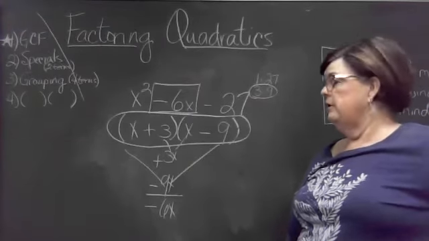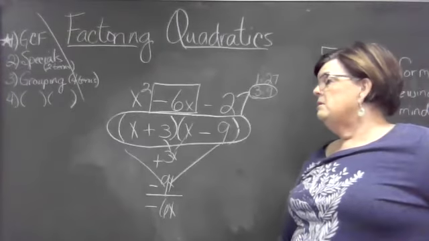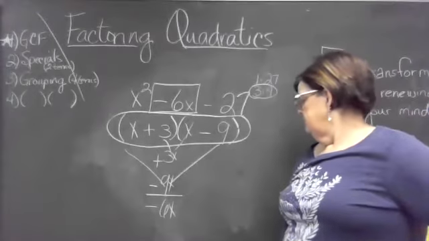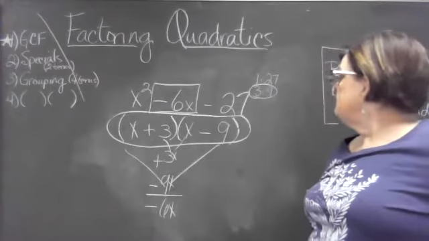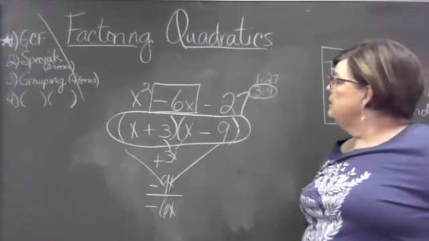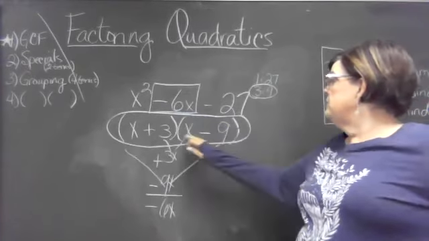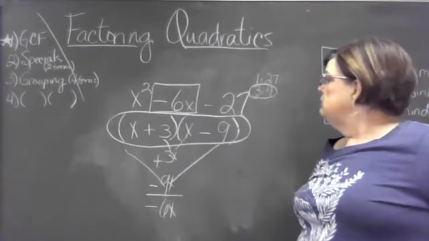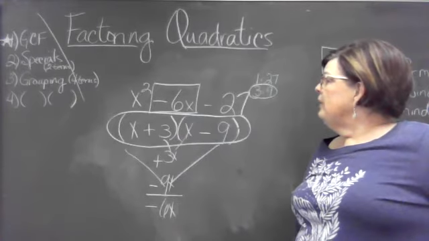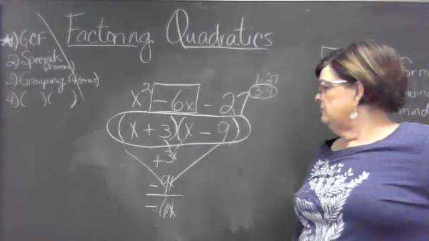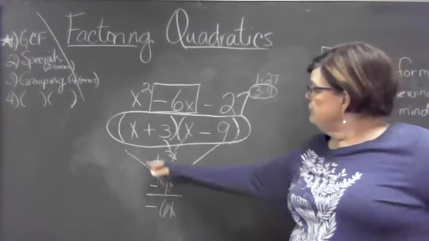Now there is a shortcut, and I've made mention of it a couple of times before spring break. These signs are actually a code to tell you what signs go here and where they go. When I feel comfortable, I will tell you. Right now, you need to go through this process.